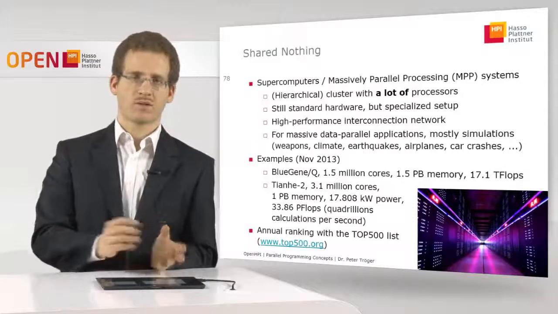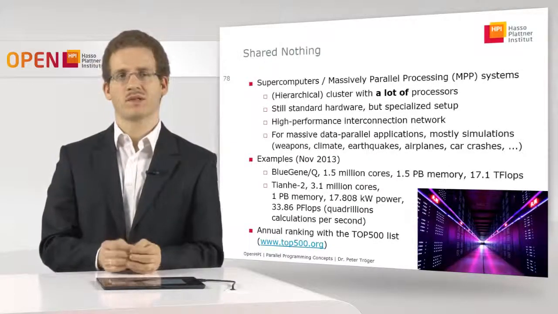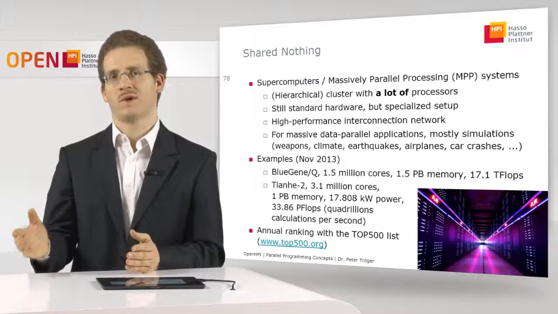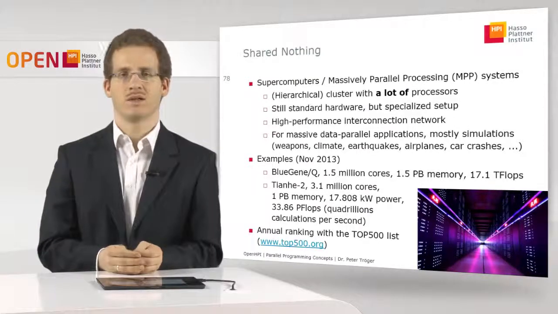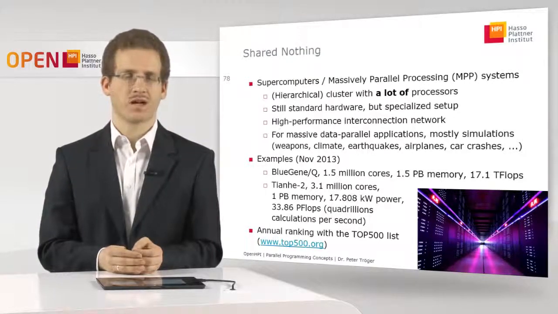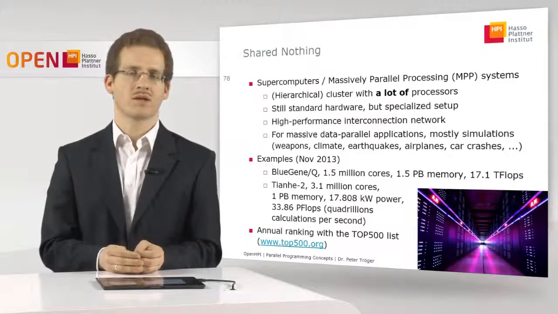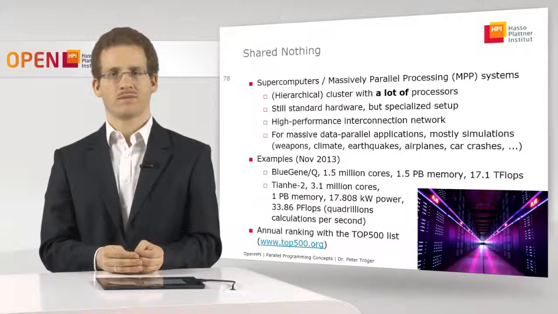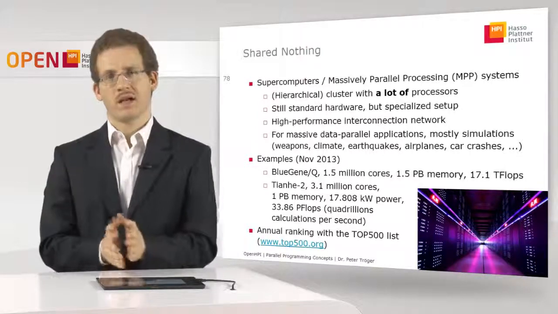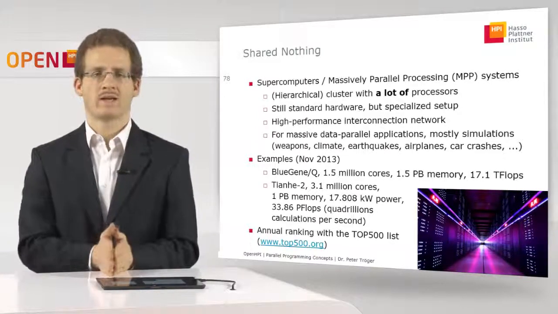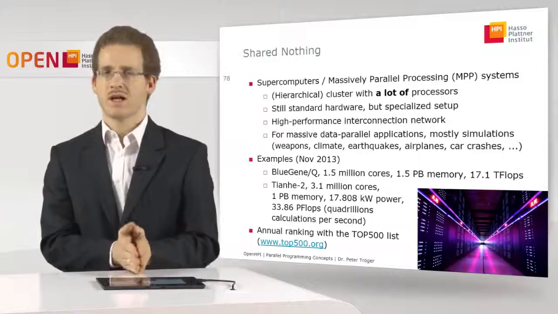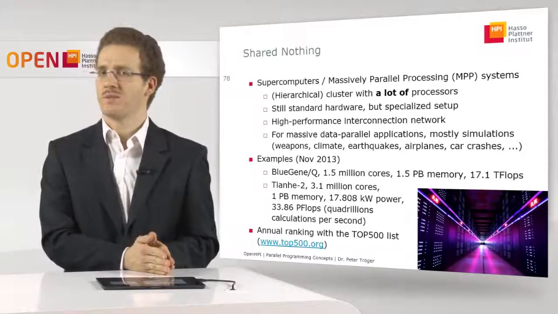So in shared nothing world, we have clusters and we have supercomputers, and supercomputers are like the final thing or the bleeding edge class of hardware you can find here. And this is interesting because in the past it happened often that HPC people, supercomputing people had parallelization problems 10 years before everybody else had them.